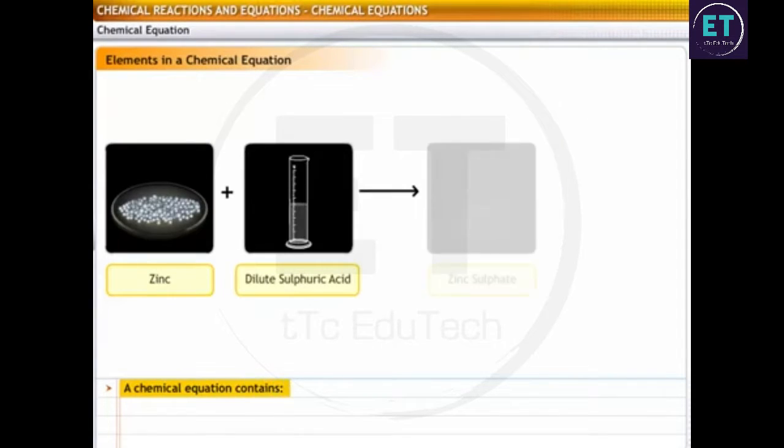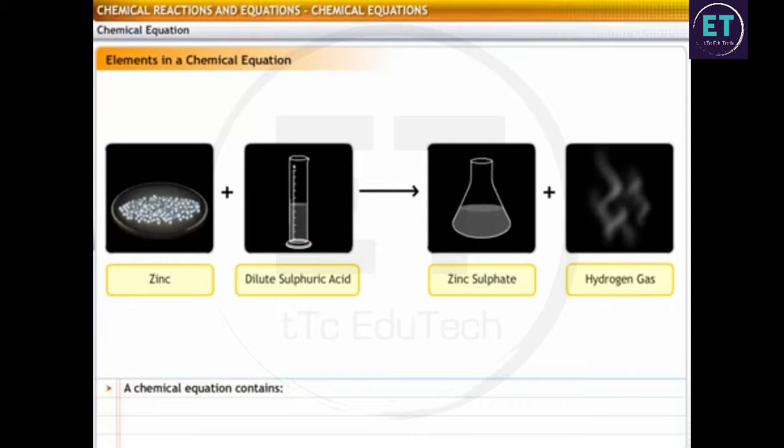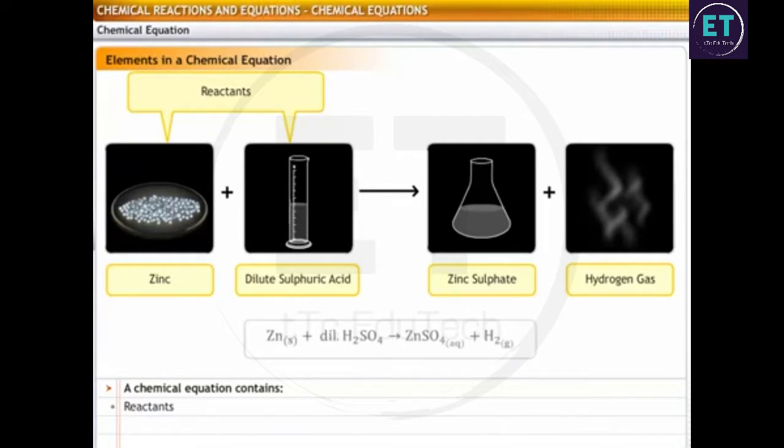A chemical equation is made up of the following components. The reacting substances, known as reactants, are on the left-hand side. For example, in the equation you just saw, zinc and dilute sulfuric acid are the reactants. Therefore, they are on the left in the equation. The resulting substances, known as products, are on the right-hand side.